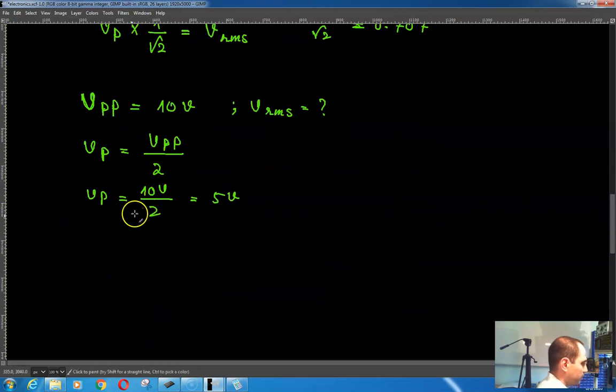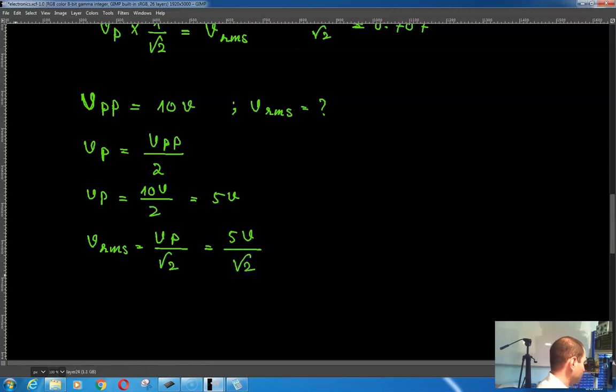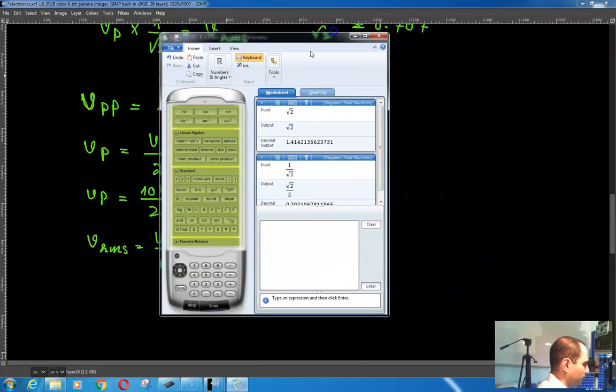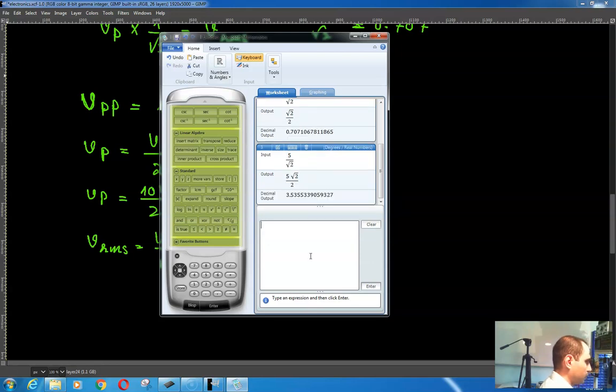So V of RMS is the same thing as V of P divided by square root of 2, which means that you simply take this peak voltage and divide it by square root of 2. That's 5 volts divided by square root of 2, and that is equal to 3.535.